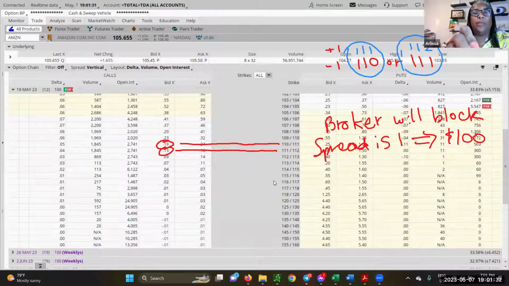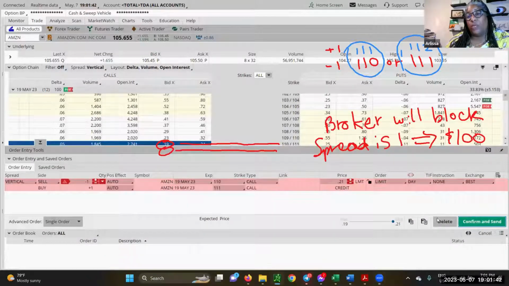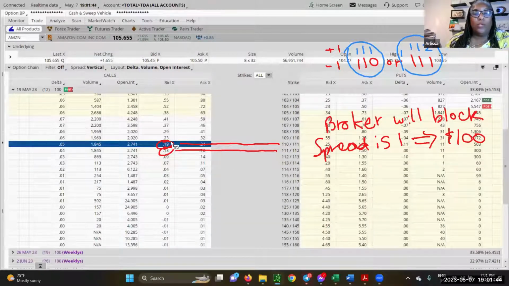If you do the 110, 111, the broker is going to reserve, let me see what happens when we pick this. It may say 21. Yeah, it goes up a little bit. When you pick this, the premium you're going to get is $21.